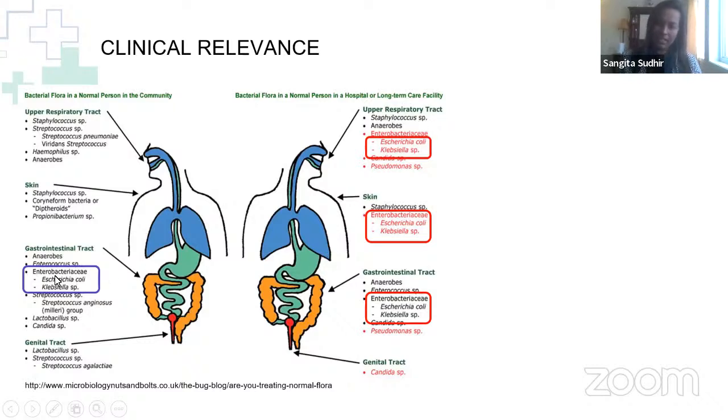As I already said, these Enterobacteriaceae, Klebsiella and E. coli, are coliform bacteria. They normally reside in the intestinal tract as part of the normal gut microbiota.